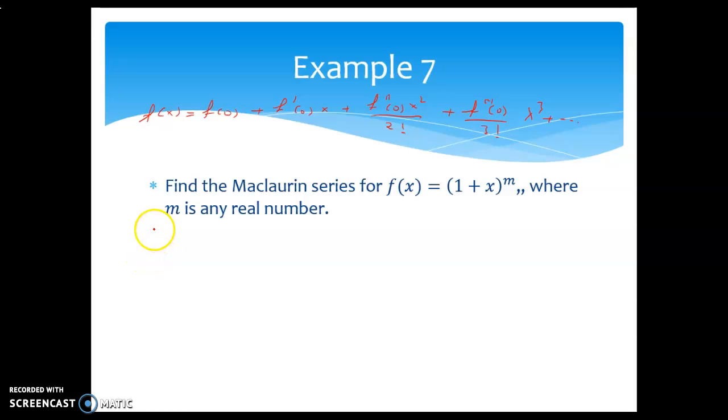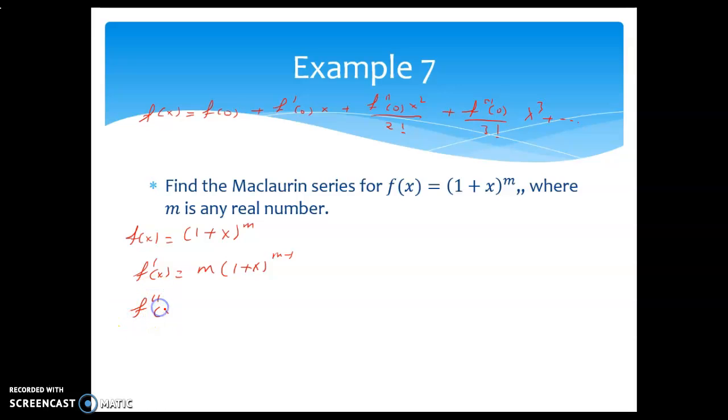So my function f of x equals 1 plus x raised to the power of m, and then f prime of x is going to be equal to m times 1 plus x to the m minus 1.